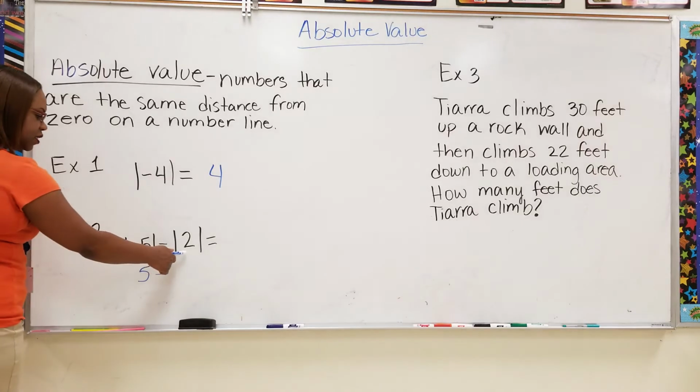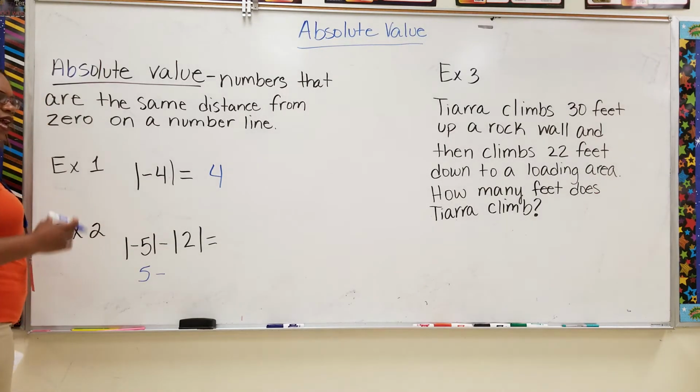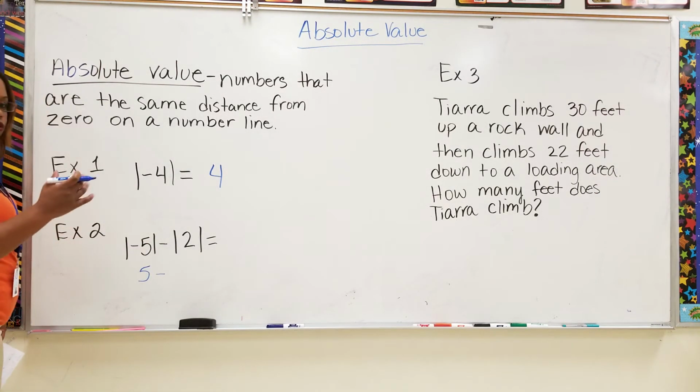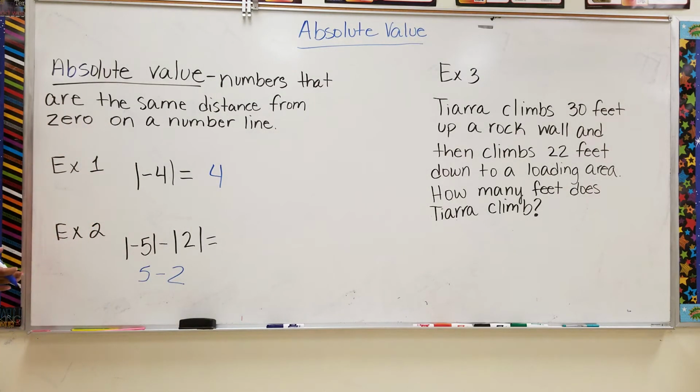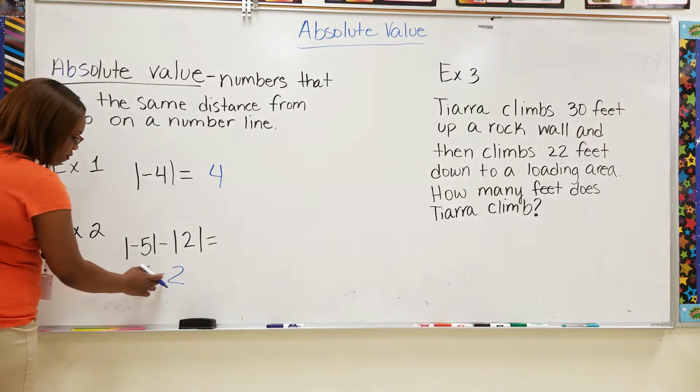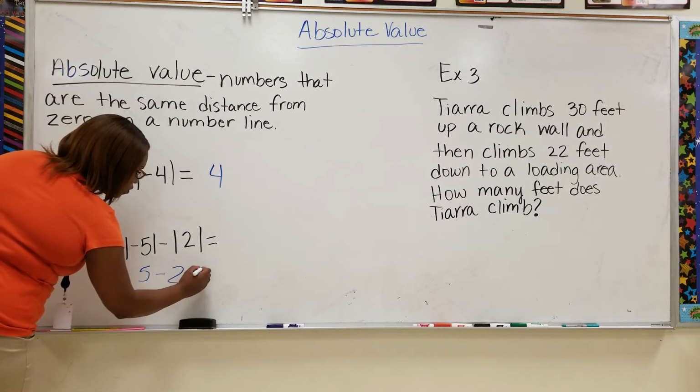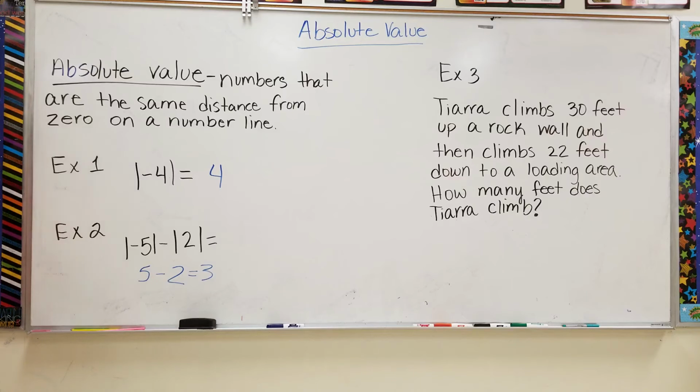And then this absolute value of 2. The absolute value of 2 is 2, because remember, it's going to be positive and it is 2 spaces away from 0. So now we have 5 minus 2, which will give us 3. So the absolute value of -5 minus the absolute value of 2 will give us 3.